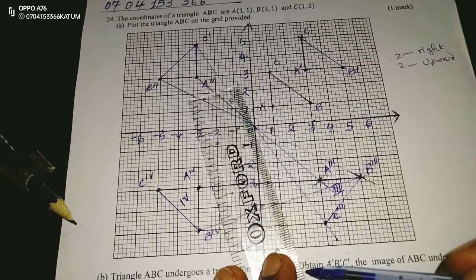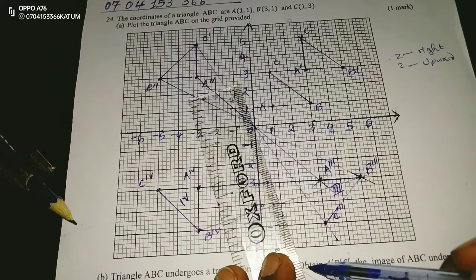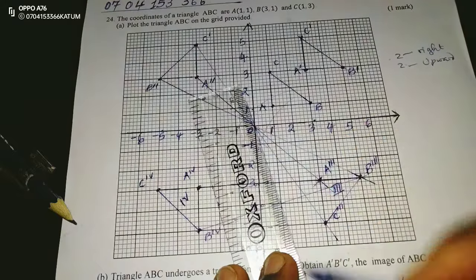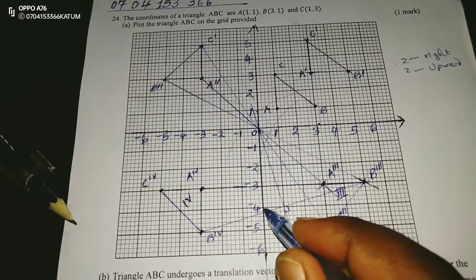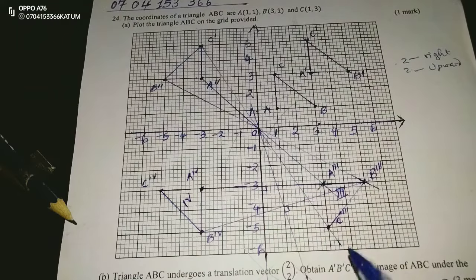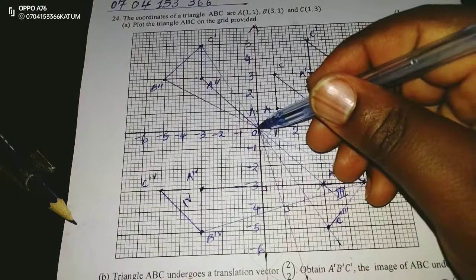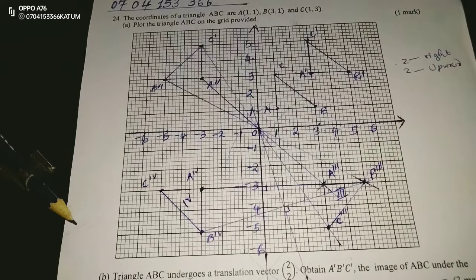You know, I'm realizing that these perpendicular bisectors of the lines joining A and A prime, B and B prime, are all meeting at the origin.